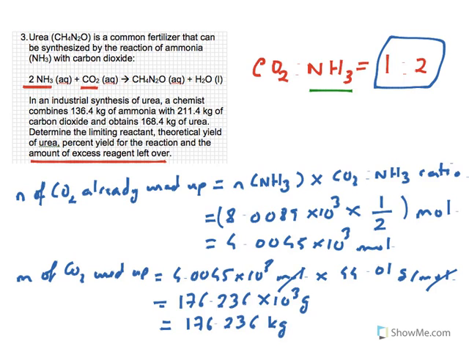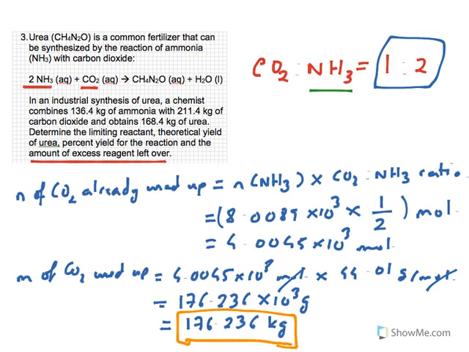Now, this mass of carbon dioxide is the one that is completely used up or completely reacts with ammonia. What remains is the amount of excess reagent left over.